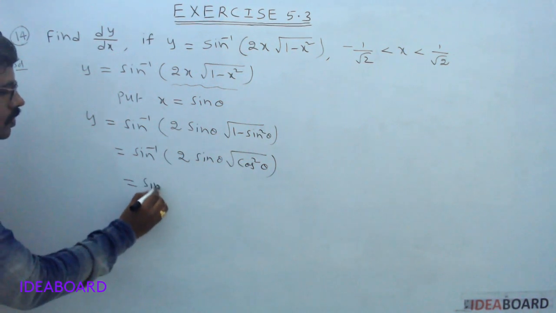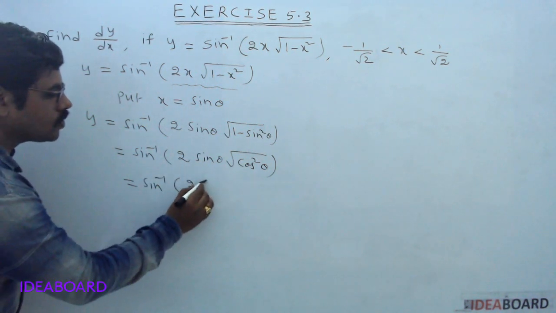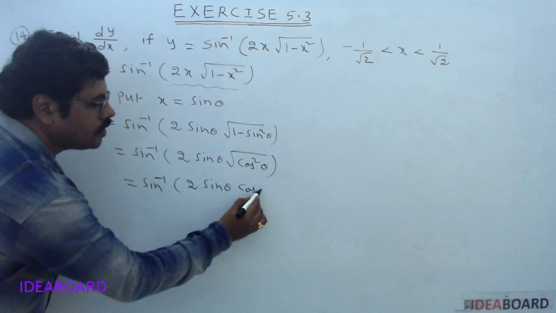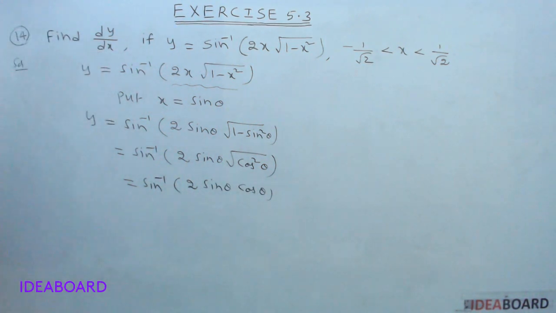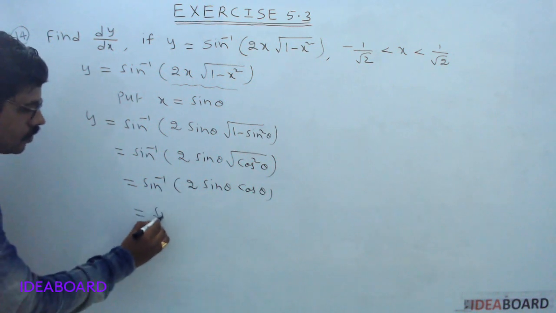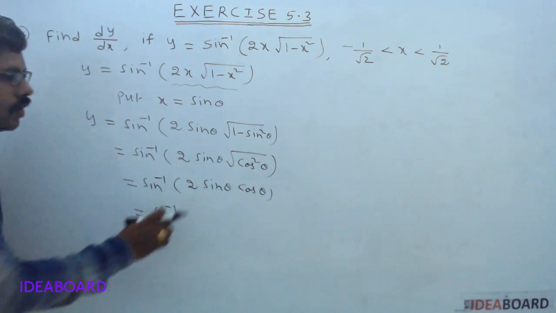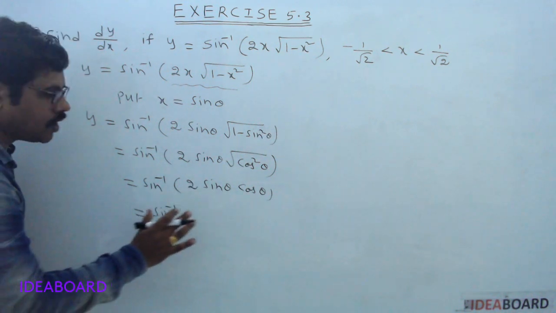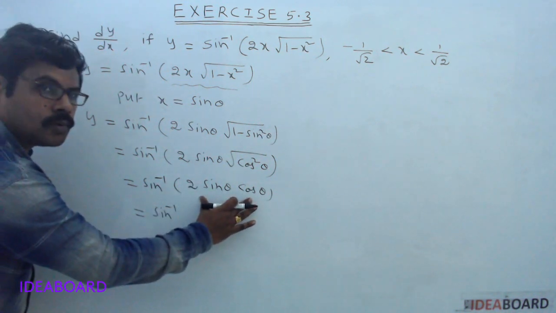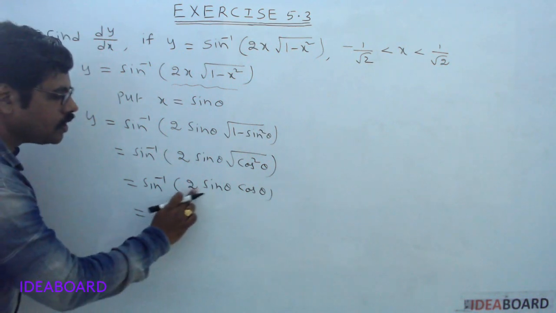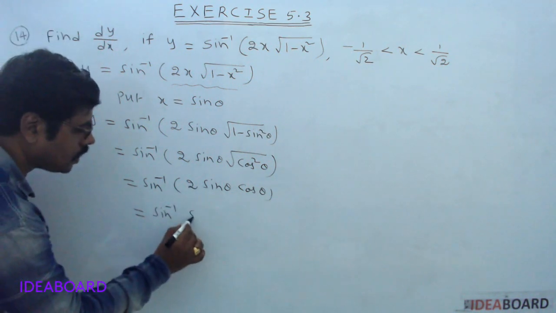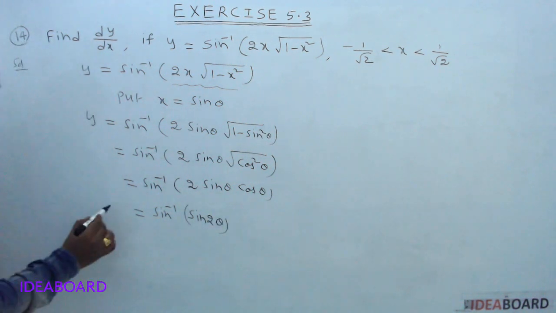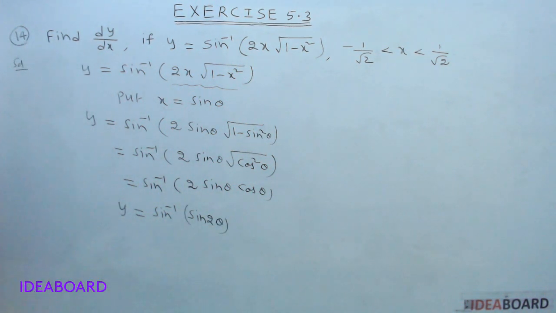Now this equals sine inverse of 2 sine theta into root of cos square theta. It can be taken as cos theta. Now this equals sine inverse of 2 sine theta into cos theta. Now what is the formula for this expression? Sine 2 theta. So 2 into sine theta into cos theta can be taken as sine 2 theta. Now this is the value of y.